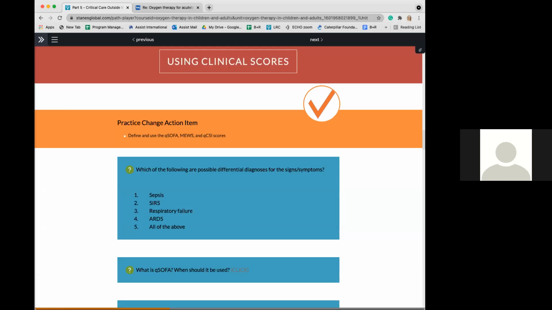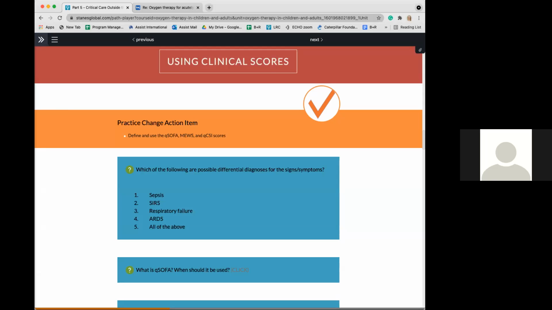So sepsis, looking at the presentation and some of the signs and symptoms as well as the vital signs, it's possible this patient could be having sepsis. SIRS, which is systemic inflammatory response syndrome, it's possible also looking at the manifestations, looking at the vital signs of this patient, the temperature and the like, this patient is likely to be having SIRS as well.